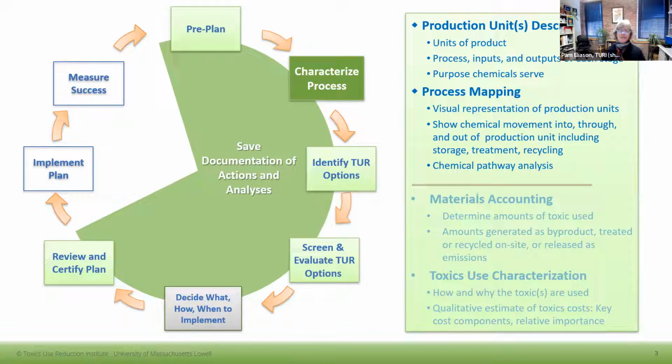We've had other sessions really diving into materials accounting more. We've had sessions diving into the economic evaluation and the cost of toxics side of things more. So we're not going to focus too much on that. We're going to instead focus more on these first two items, the description of your production unit and process mapping.